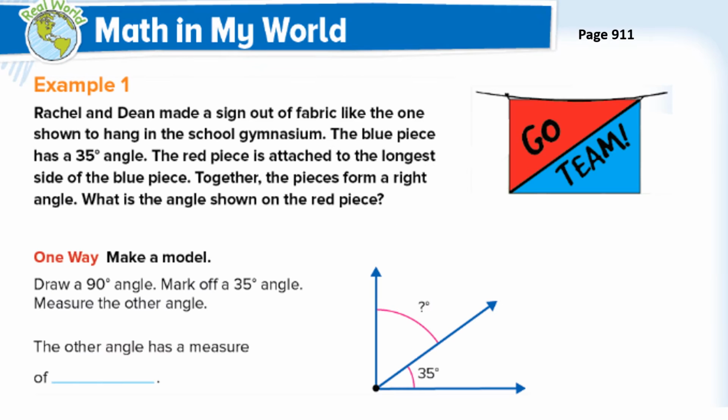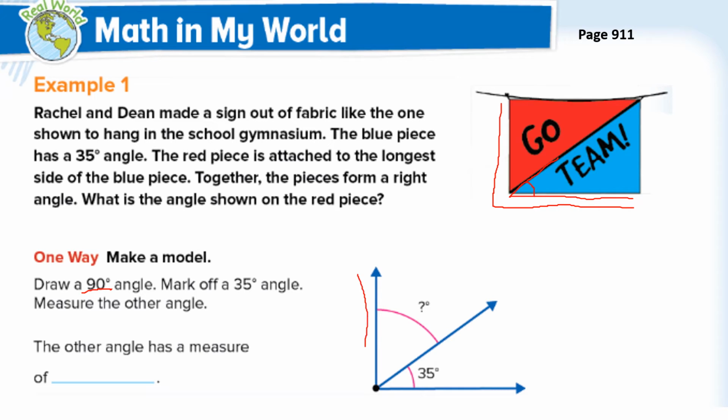Now, would you turn to page 911? Example 1 says, Rachel and Dean made a sign out of fabric like the one shown to hang in the school gymnasium. The blue piece has a 35-degree angle. So right here is the 35-degree angle. The red piece is attached to the longest side of the blue piece. Together, the pieces form a right angle. Do you see that right angle right here? And you know that a right angle is 90 degrees.